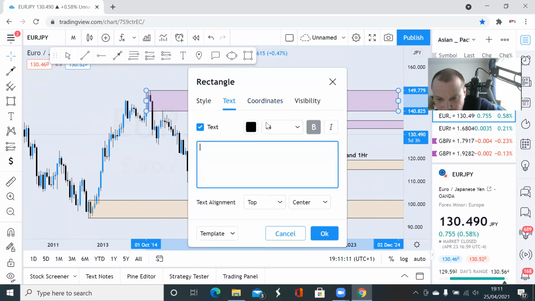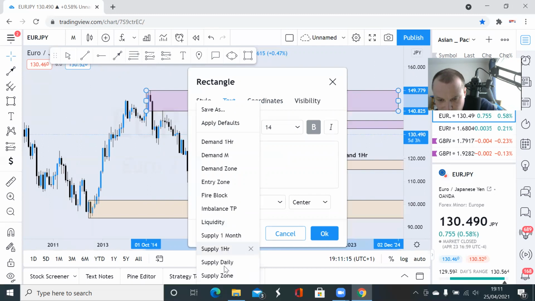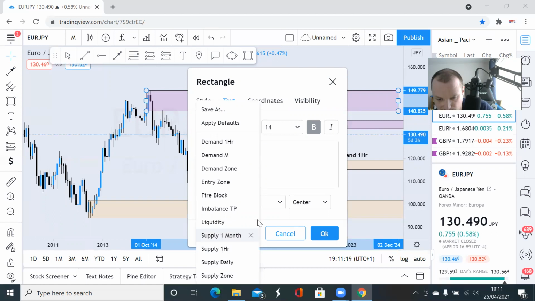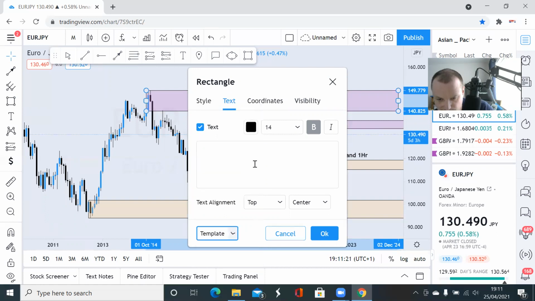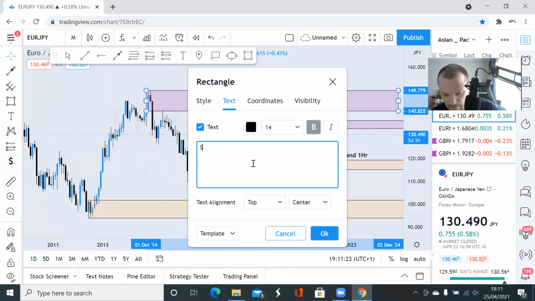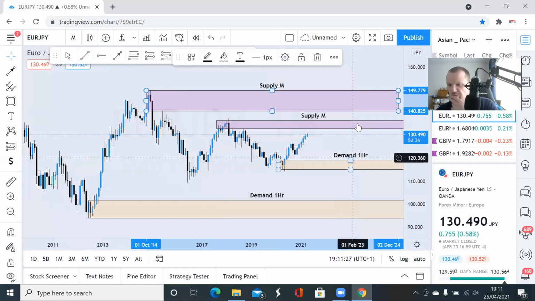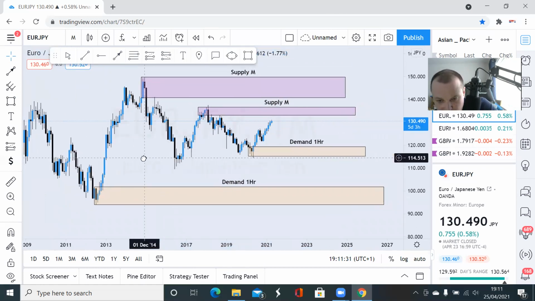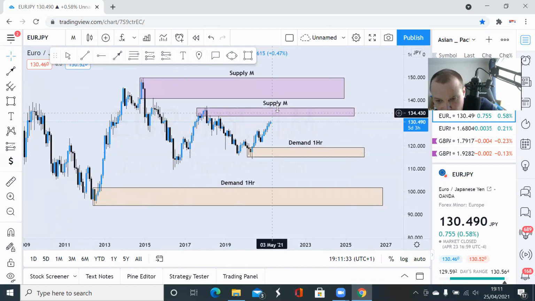Again, supply 1 month, supply M. Right, so that's the monthly. So we've got our range, and we're working between this range here, to be fair.